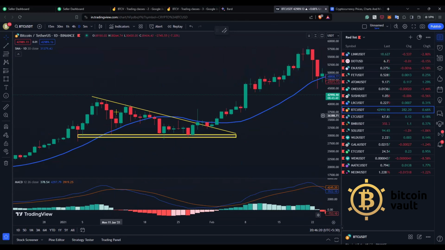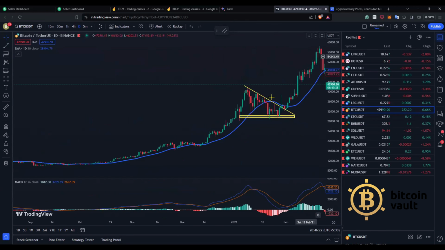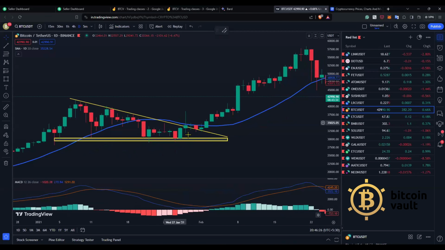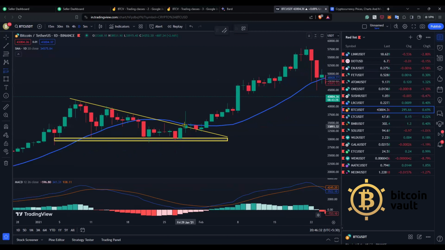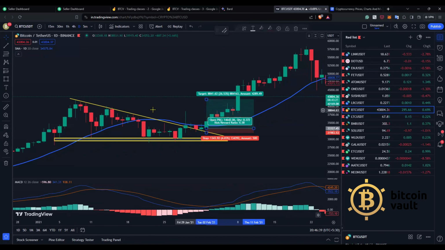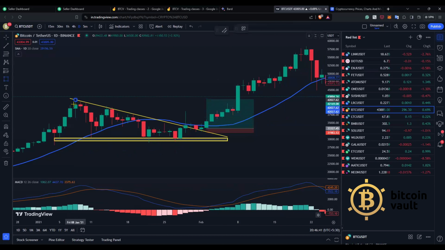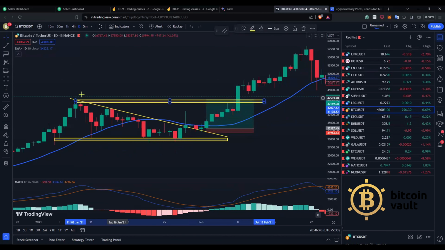But the overall market was bullish. See, the overall market was bullish. And because of that, what happened? The market moved in the upper direction. So how to play this one? Very simple. After, see, the market went up, came back down. That's a retracement. So you enter around here, you put a stop loss. You try to find an exit point based on this particular level, based on the resistance level.